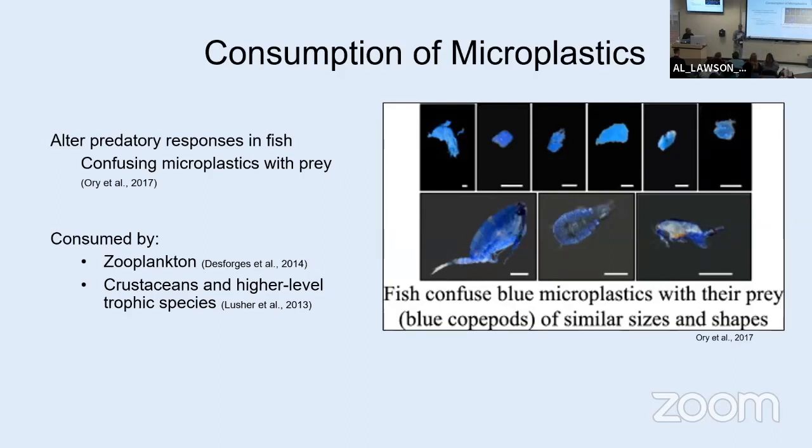You can see how this mechanism of confusion works, as they both look morphologically very similar and are virtually indistinguishable from a common prey resource. Microplastics are consumed amongst zooplankton, crustaceans, and higher trophic species, which highlights the need for quantitative assessments looking at microplastic ingestion amongst these varying taxa.